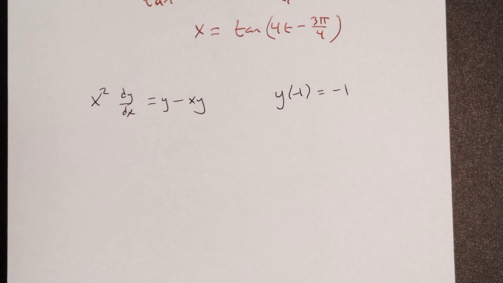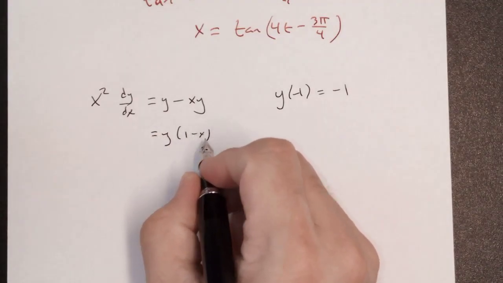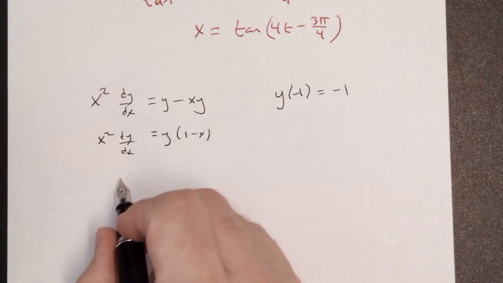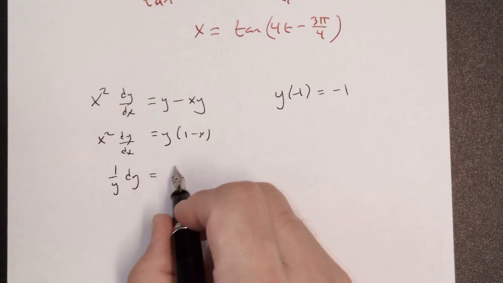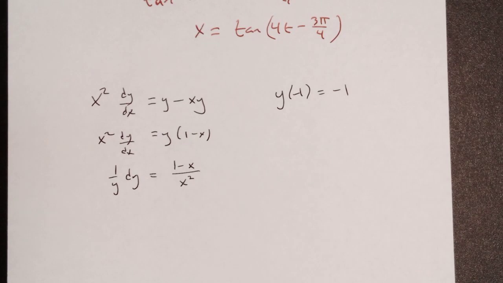So if I'm going to separate, I'm going to put the X stuff on the right and the Y stuff on the left. If I factor a Y out on the right, I'm going to get 1 over Y dy on the left. But on the right, I'm going to get 1 over x squared, which makes me a little twitchy.